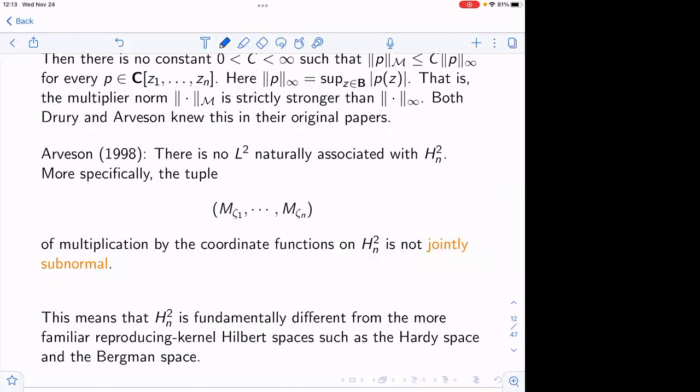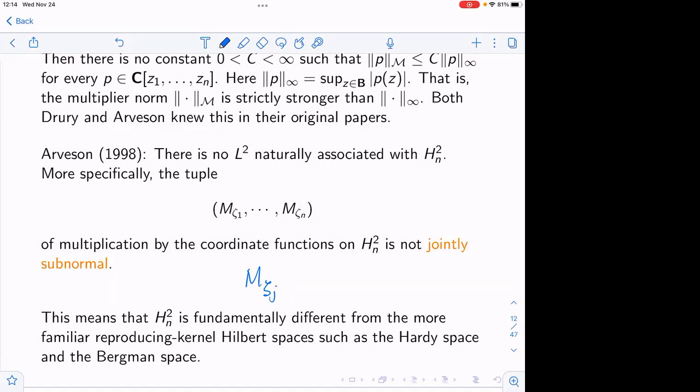A more precise way of phrasing this is really this result of Arveson's, namely that this tuple does not have a joint normal extension. However, if you look at each individual multiplication operator by a coordinate function, each one is actually subnormal, and that fact is important for some of the estimates.